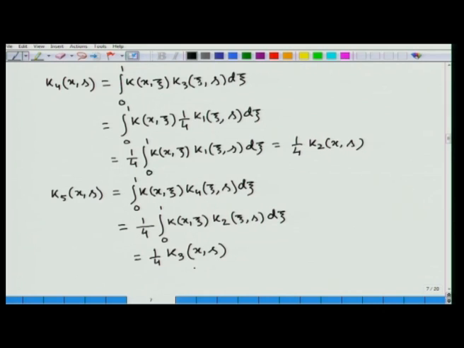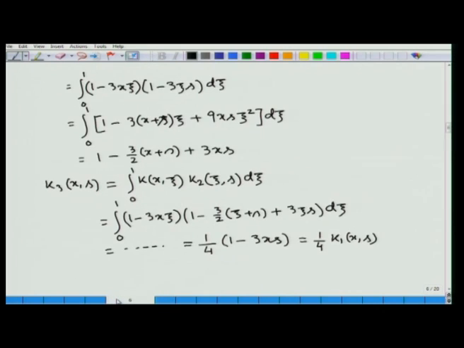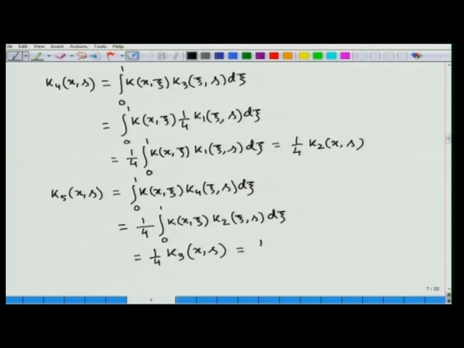Now, already we have obtained that k3(x,s) is equal to 1/4 k1(x,s). So, this is equal to (1/4)² k1(x,s).